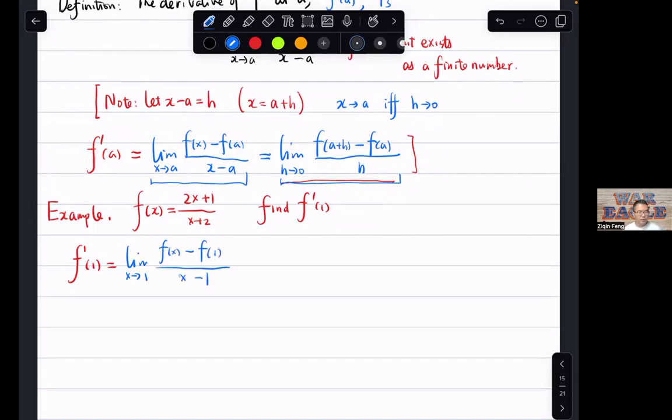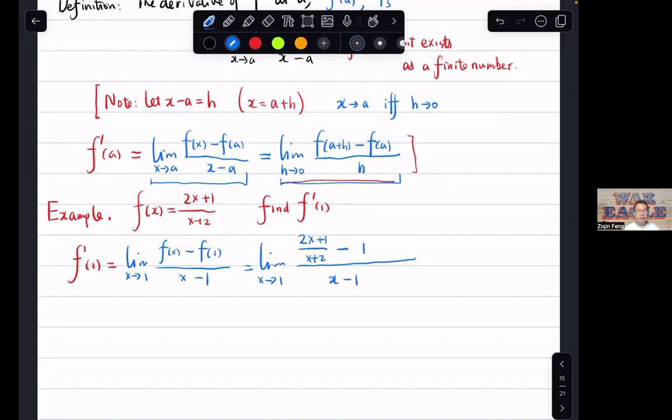Plugging in the function, f of x is 2x plus 1 over x plus 2, then minus f of 1, which is 3 over 3, which is 1, over x minus 1.